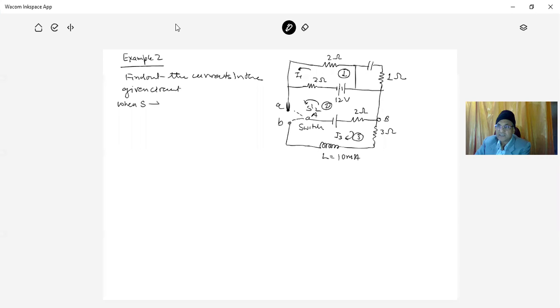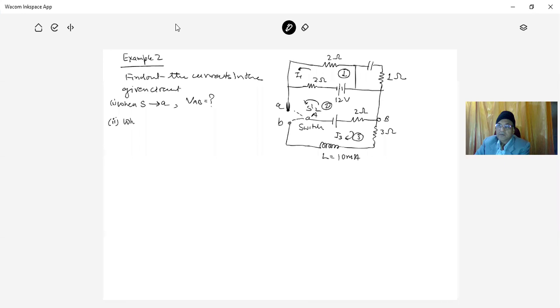When switch S is connected to A, find the potential difference VAB across A and B, in the first case.